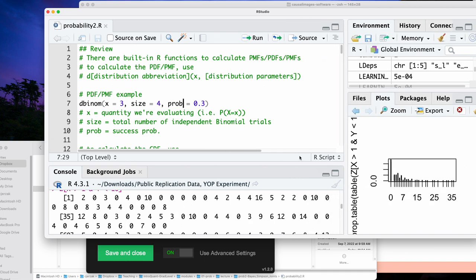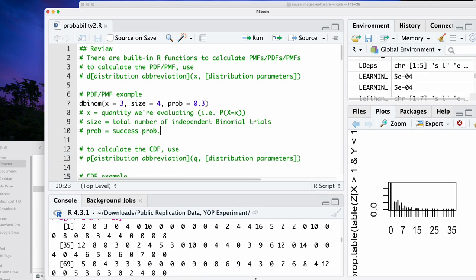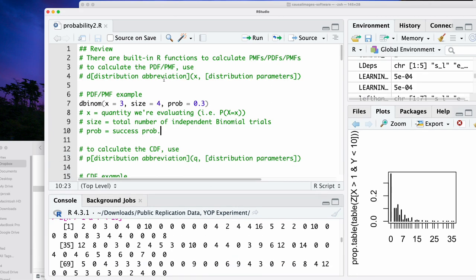Yeah, so the tutorials and the PDFs have been updated in Piazza, and this is a review, since we covered the material last time, but it's always good to rehash and review. So some of this is review, just going through how there are these built-in functions in R for using PDFs, PMFs, and so forth.